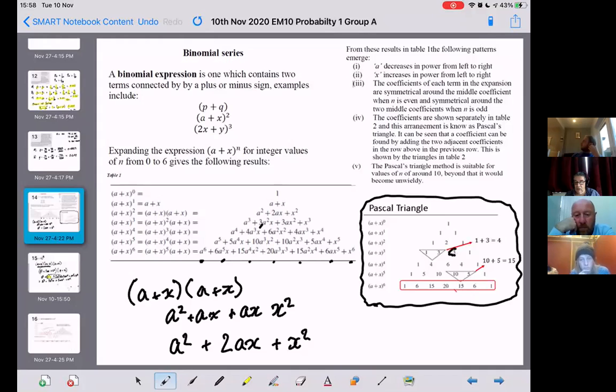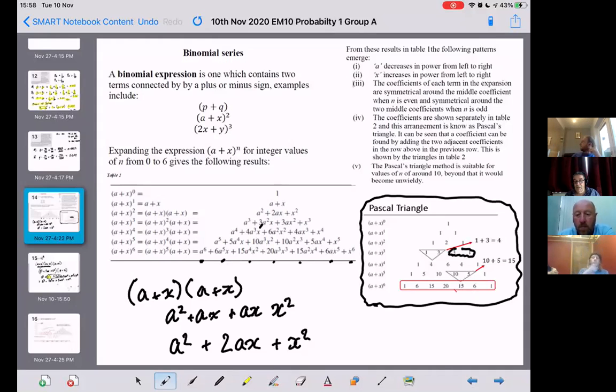So we got 1 and 3 again there, and the coefficient below it is 4. We've got 2 3s in the middle here, coefficient below it is 6. These 2 coefficients are 10 and 5. The one below is 15. So you can work out the coefficients in the binomial expansion using Pascal's triangle.